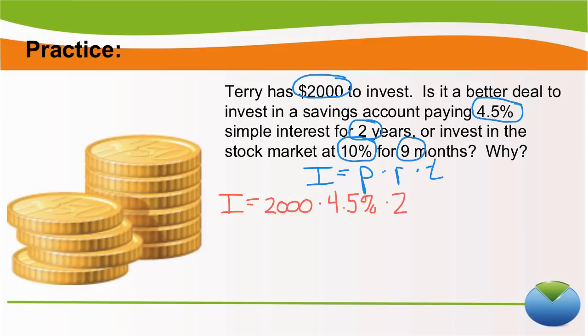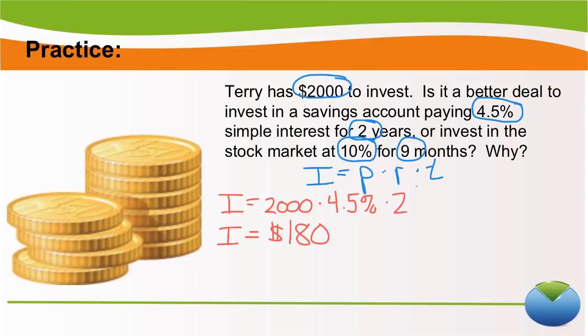Would you pick up your calculator and figure that out? When I did it, Terry's going to earn $180 with the savings account.